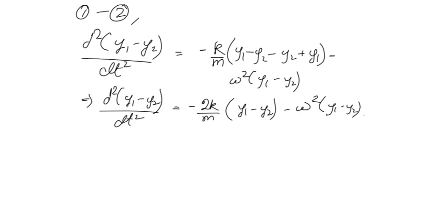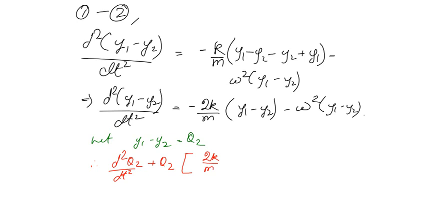So we will transfer this and we'll assume, let y1 minus y2 be Q2. So we can write d squared Q2 by dt squared plus, taking the Q2 common and transferring it to the left hand side, we find that 2k by m plus omega squared is equal to 0.